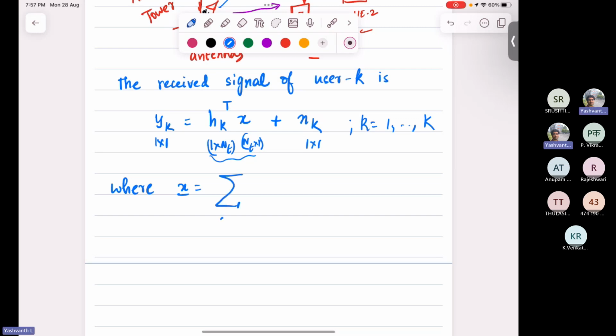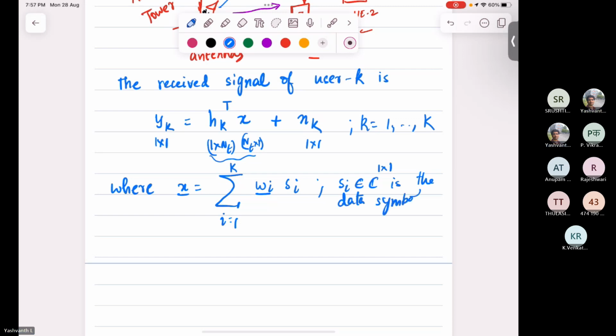summation over i equal to 1 to capital K of wi si, where si belongs to C 1 cross 1 and is the data symbol for user i, such that the average power, since for every data there's a power also, right?